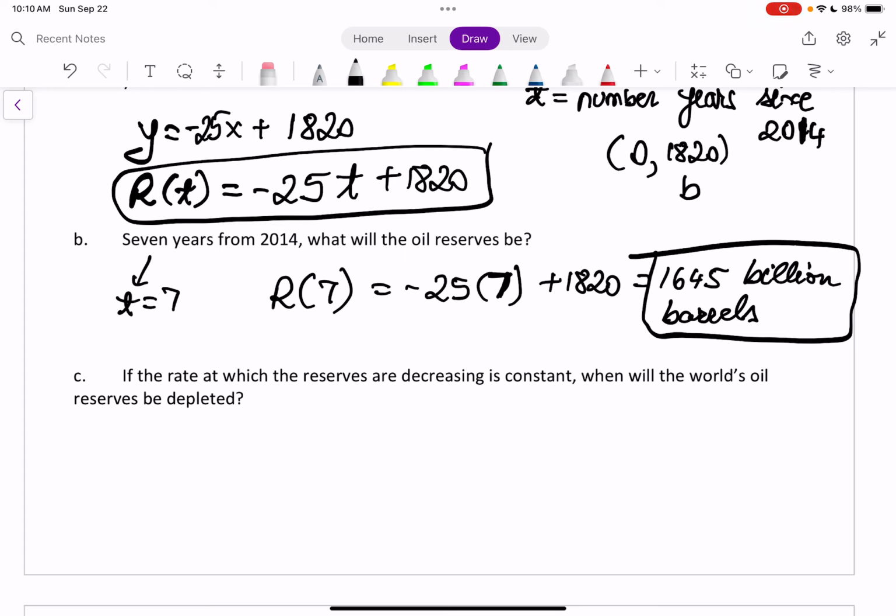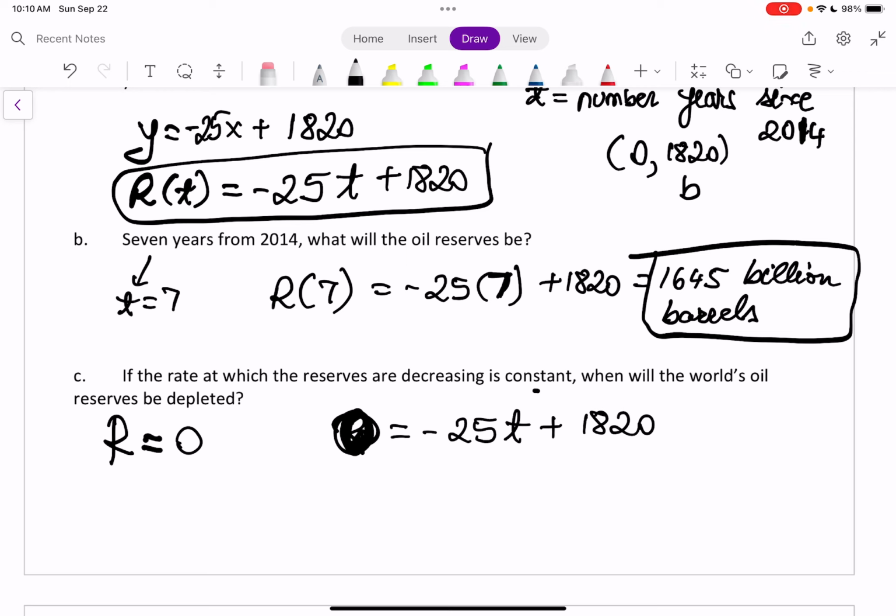And if the rate at which the reserves are decreasing is constant, so in other words, we keep losing 25 billion barrels each year, when will the world's oil reserves be depleted? So the reserves are depleted means that we have none left. So in this equation above that we came up with from the story, we simply have to substitute R with 0, right?